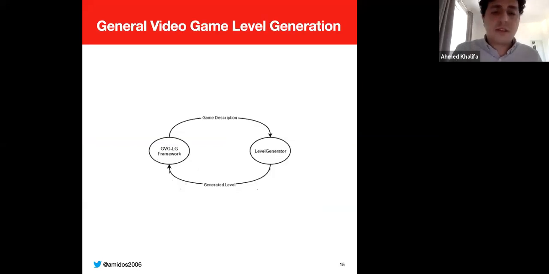So I started looking in the framework, and as you can see, when I started, there was no way you can inject level generation in the loop itself. So I started designing this interface that helped me to do that. And the interface is as simple as it needs to provide the level generator with something called the game description object.